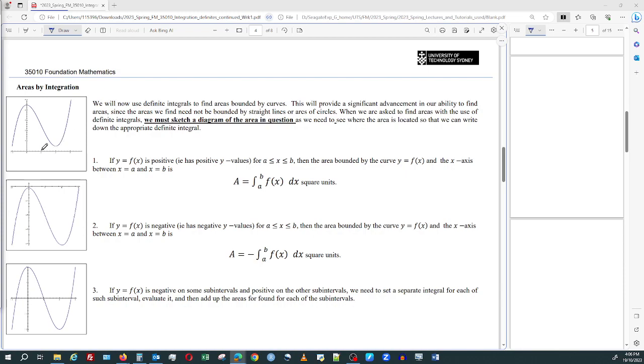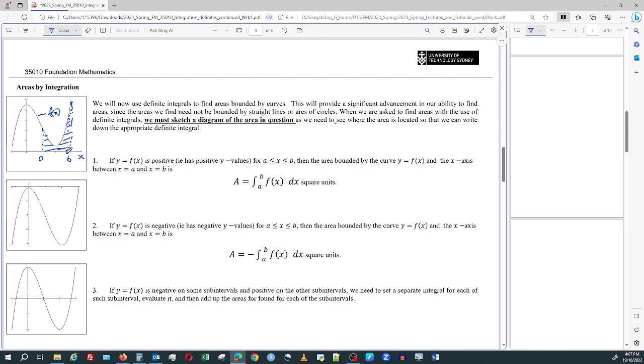So in this case, for example, if I nominate A, some value x is A, and some value x is B, the area that we'll be finding when we integrate this function is the area under the curve. It's that irregular geometry below the curve. It's all of this irregular geometry under the curve.